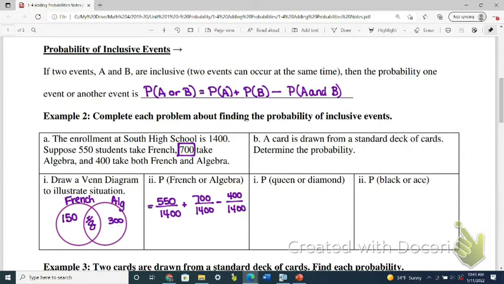So when we add those all up and subtract, I get 850 over 1,400, which is 60.7%.